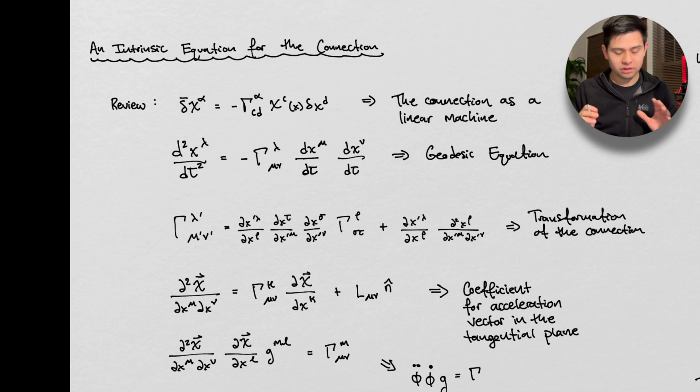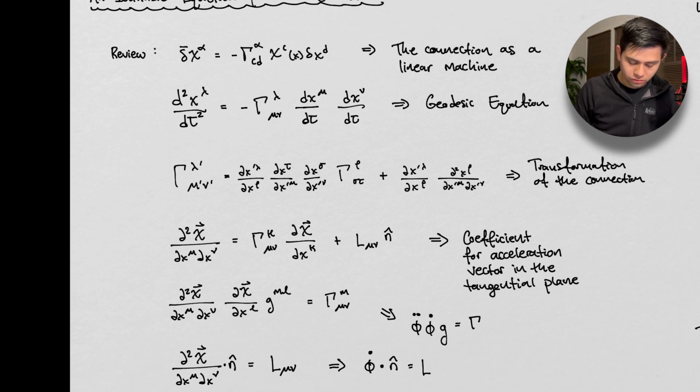So today we are going to be talking about the intrinsic equation for the connection. Let's do a review really quick so that this is fresh in our minds. Initially we started off by saying that the connection was some linear machine. It took in two vectors and spit out a vector. And this vector told us something about parallelism, or the sameness of a vector, if you were to travel along some direction.